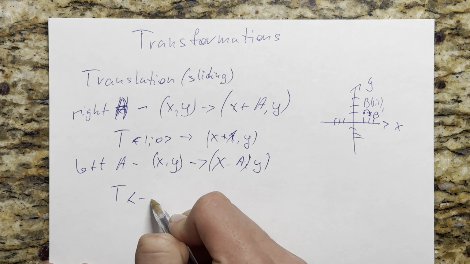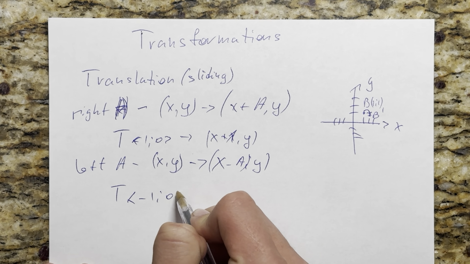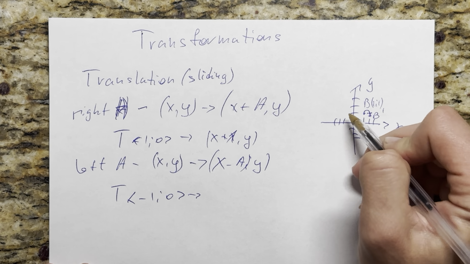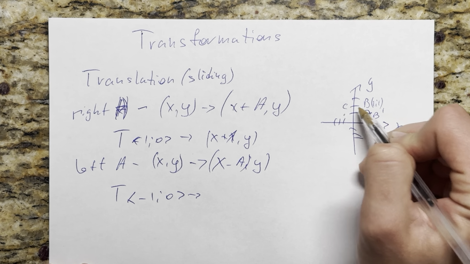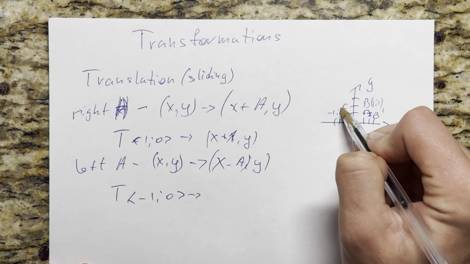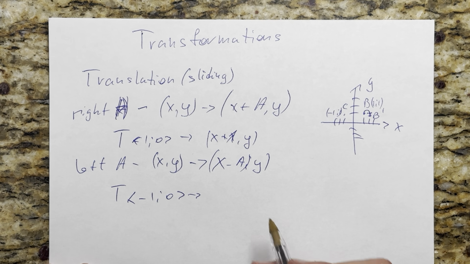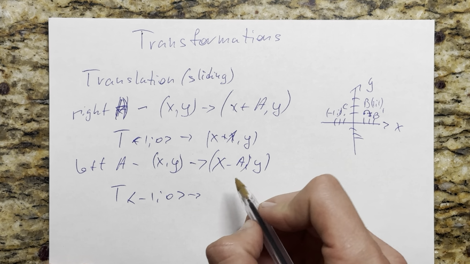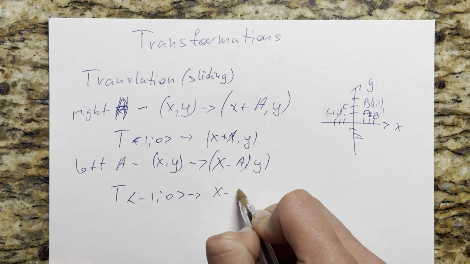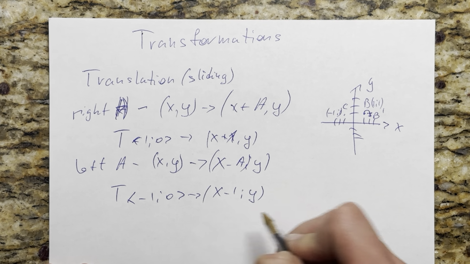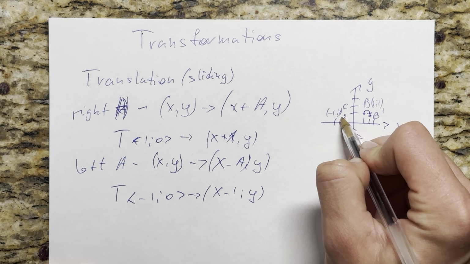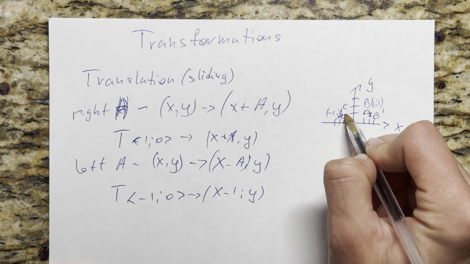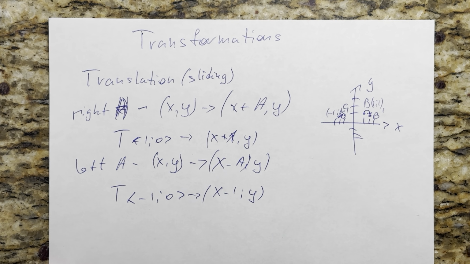So we'll have to put negative, and we'll have our point C at negative 1, 1. And if we want to translate it to the left, we'll have to subtract 1 from x and leave y by itself, and our point C will move from here to here by 1 tile, will be our C prime.